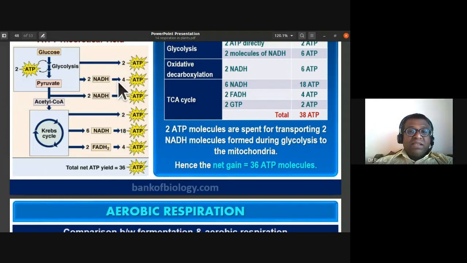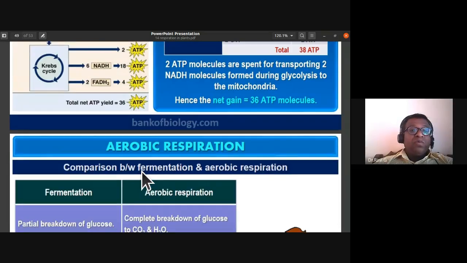You might ask, sir, here it should be 6 ATP, but for transporting this NADH2 into the mitochondria, 2 ATP is spent. We have removed that from the 2 NADH2, so it has become 4 ATP. Overall, the total net ATP yield is 36 ATP molecules from a single glucose molecule during aerobic respiration.